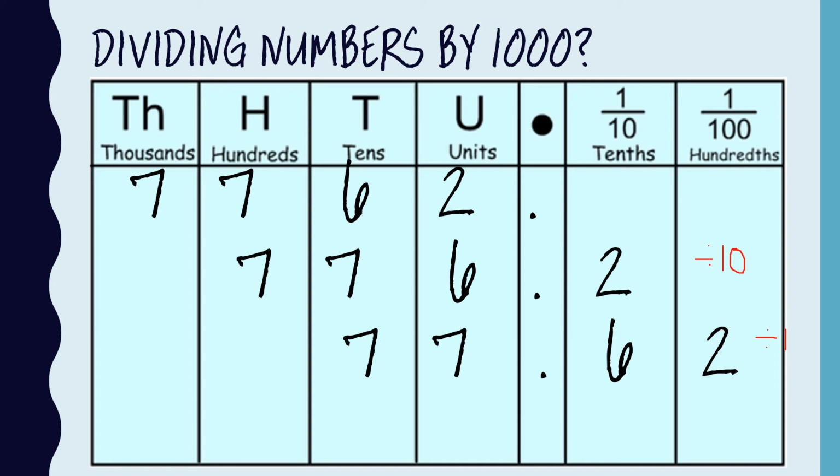I've got it right this time, well done Mr. Lovell. But we've divided by 100, 2 places to the right. And then finally, we move it across, and I've run out of space, but I could do a 1,000ths column there. And we have finally 7.762. 3 shuffles, 3 zeros.